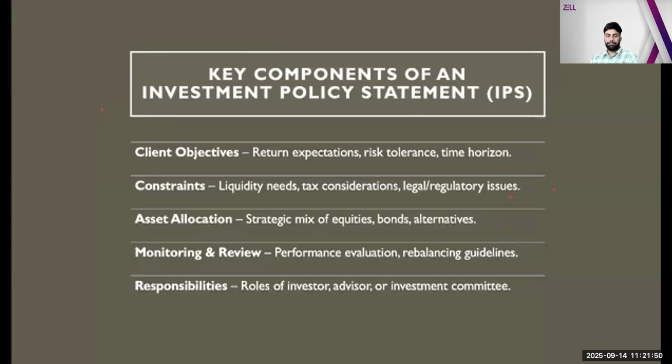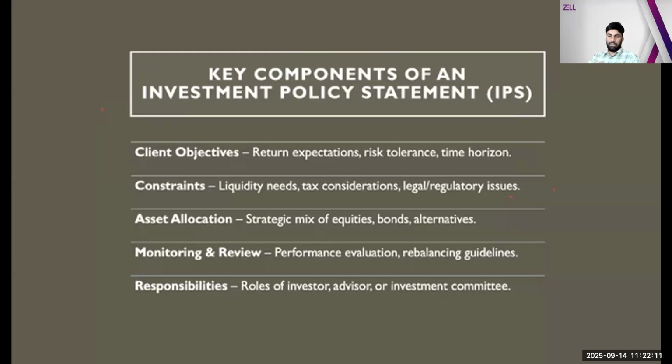Are we clear? Second one, we tend to observe their constraints. What are these constraints that we are talking about? Risk-bearing capacity. This is the section that defines how my client is making money. What is his source of income?